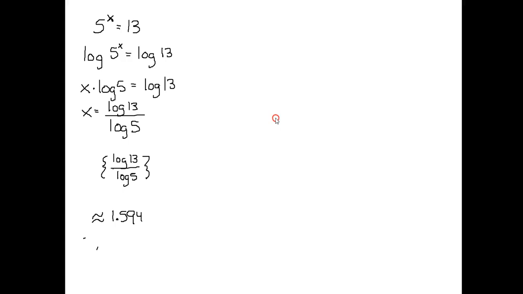Okay, let's do another one of those. Let's say you have something like 3 to the x minus 4 equals 7 to the 2x plus 5. All right, another example where I just can't rewrite these to have the same base and the exponents either.